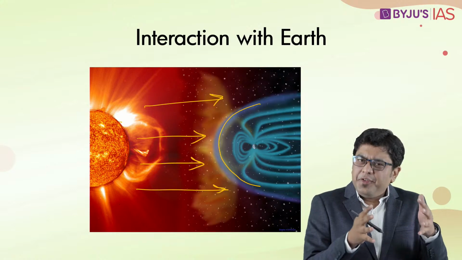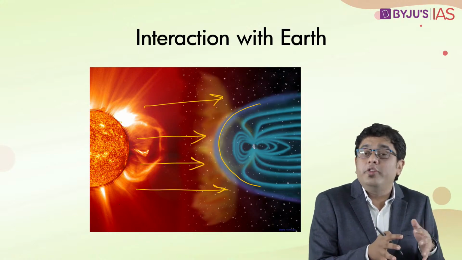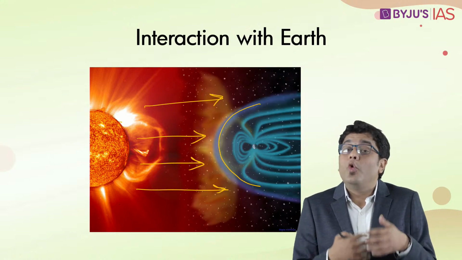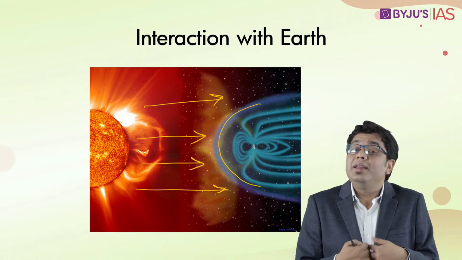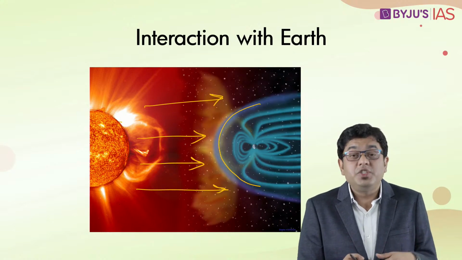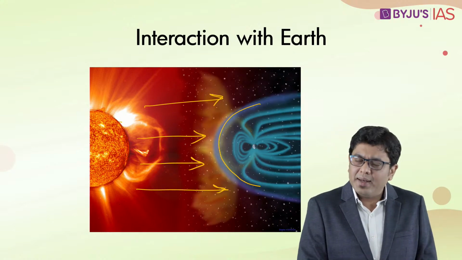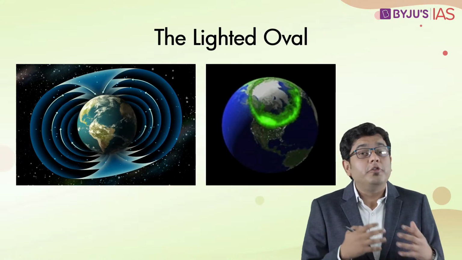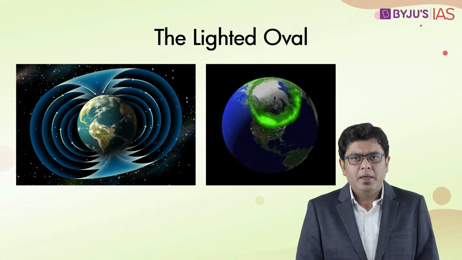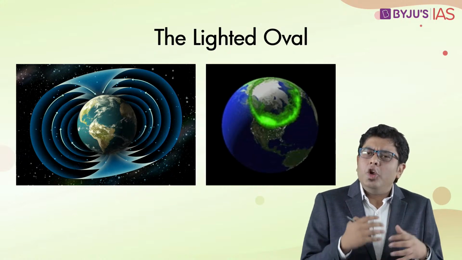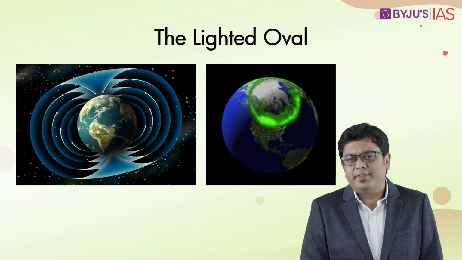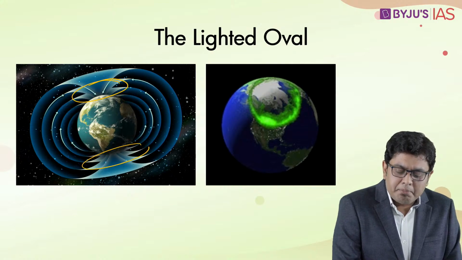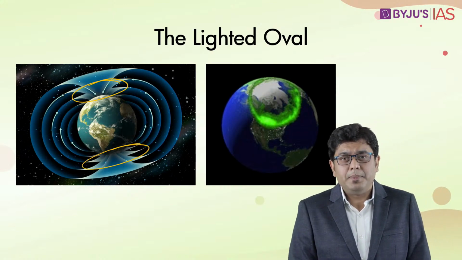Now, once we have understood the concept of Earth acting as a magnet, and once we have looked at the concept of the sun releasing a significant amount of energy and charged particles, let us focus on the formation of these patterns. First of all, if we look at the magnetic field around the Earth's surface, you will find that the density of the field lines is maximum around the polar region.